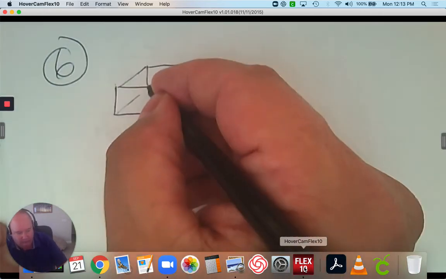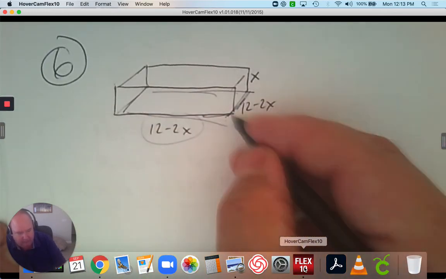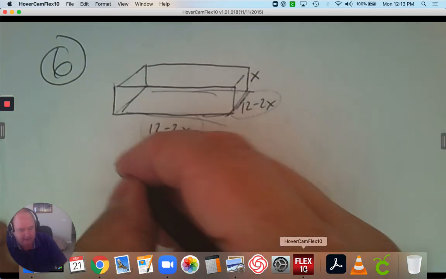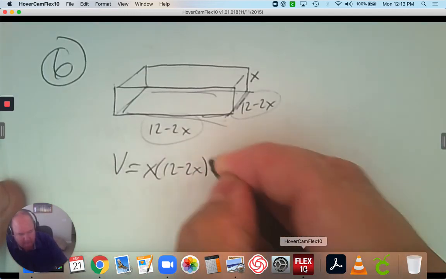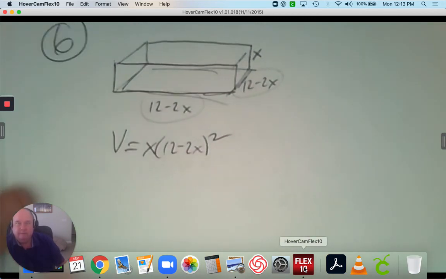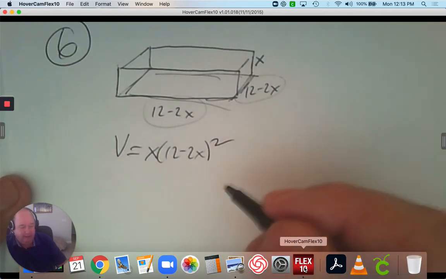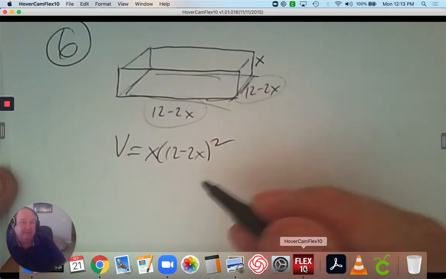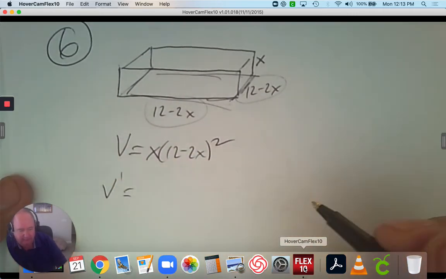So in other words, this is a square here on the bottom because of the same dimensions, and then the height is x. And then the volume of this is you multiply them all together. And then once you have a volume, notice it didn't need a secondary because I only had one variable. Then you take the derivative of this.